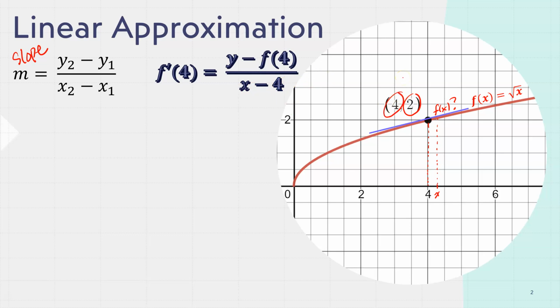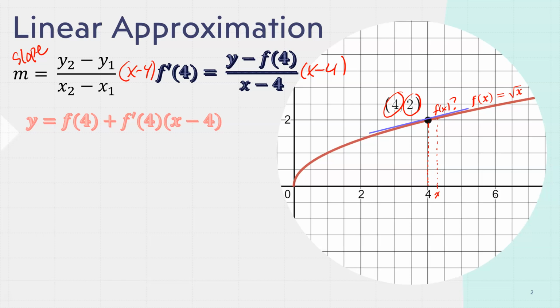Plug in the point to find the equation of the line. Multiply both sides by x minus 4, and then add f of 4 over. We will see that the equation of the tangent line is y equals f of 4 plus the derivative at 4 times x minus 4.